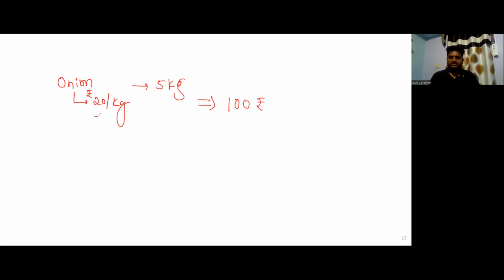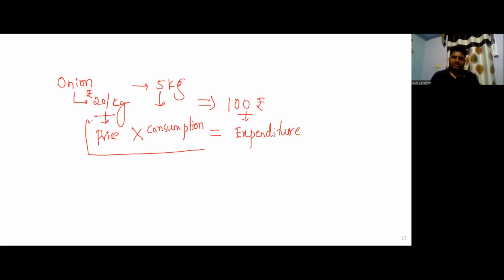How did we reach this? This is called price. This 5 kg is nothing but your consumption, and 100 rupees is your final expenditure. So what does the formula say? The formula basically says price into consumption is equal to expenditure. Write down this formula. Basically, price into consumption is nothing but expenditure. We'll deal with this in a much more detailed manner when we will be doing economic sessions.